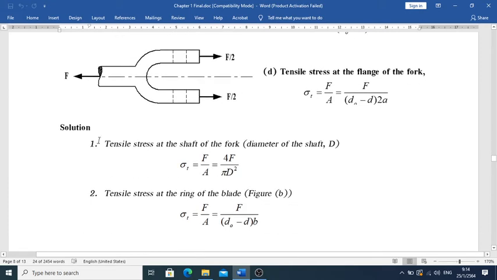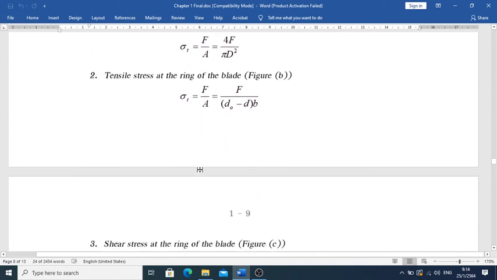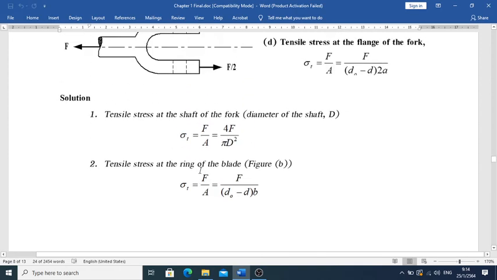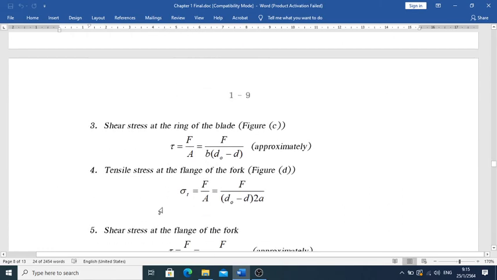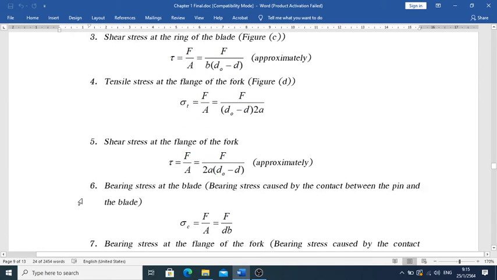So the solution that I show you up there is what I'm trying to find: the sigma, or the stress that might happen, for the cases 1, 2, 3, 4, 5.